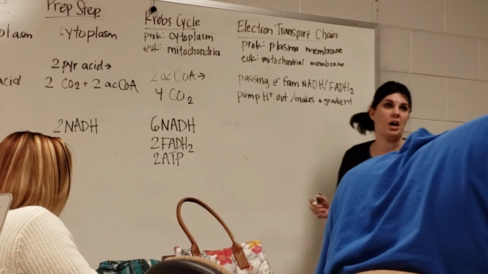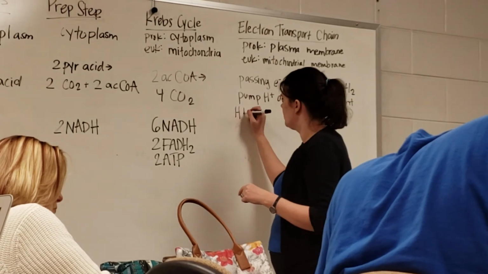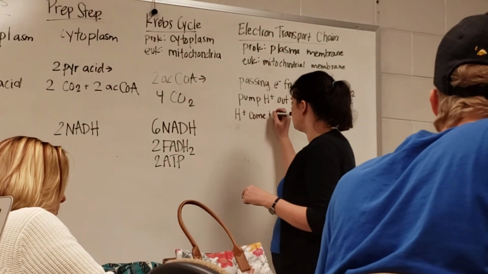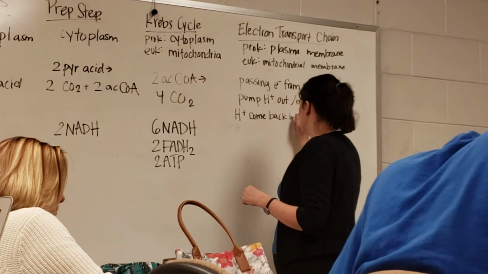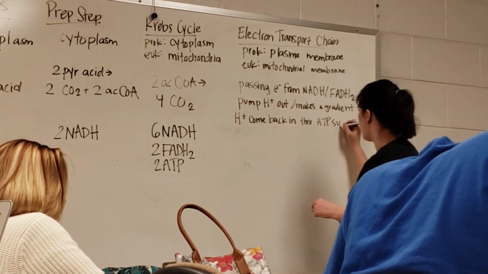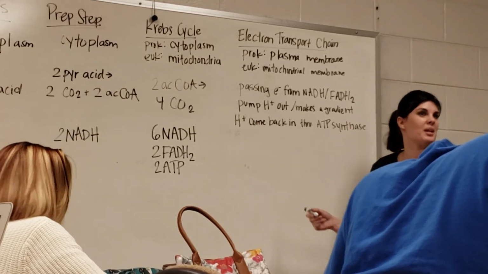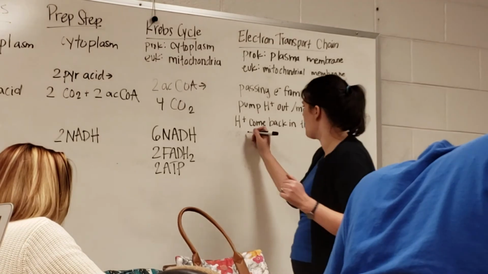Those hydrogens are going to come back in through ATP synthase, and that ATP synthase is going to take all that energy of the hydrogens coming in to make ATP.